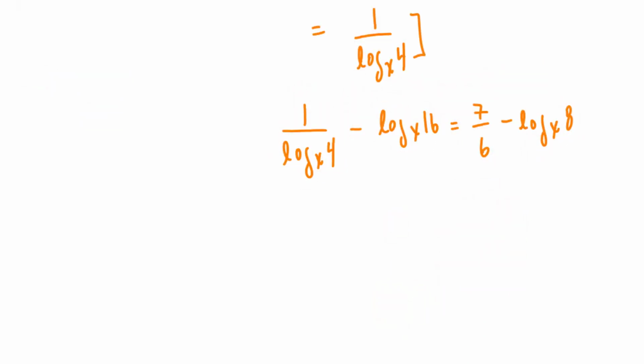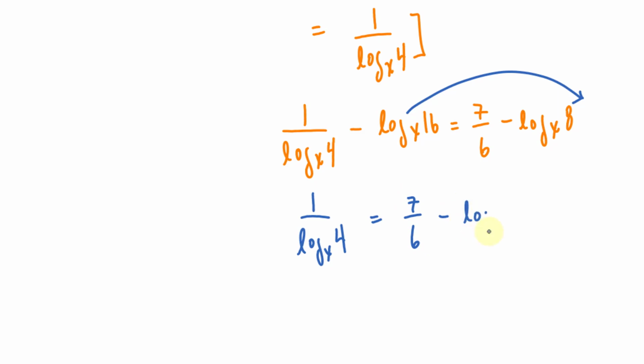Now to simplify the equation a little further, I'll take this term and move it to the right side and apply some log rules. So I'll leave this as 1 over log base x of 4 is equal to 7 over 6 minus log base x of 8 plus log base x of 16.